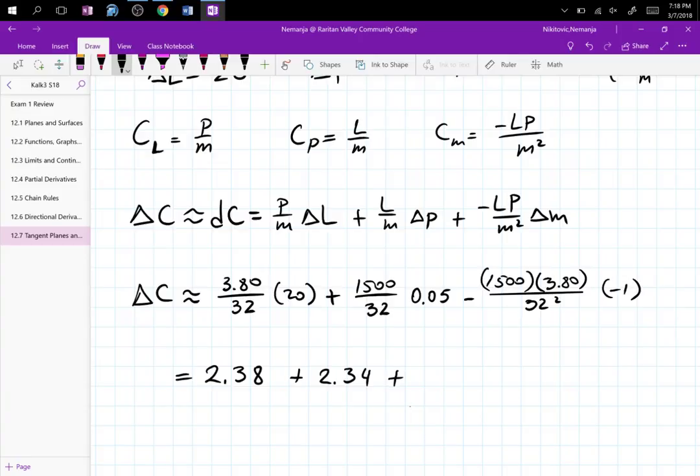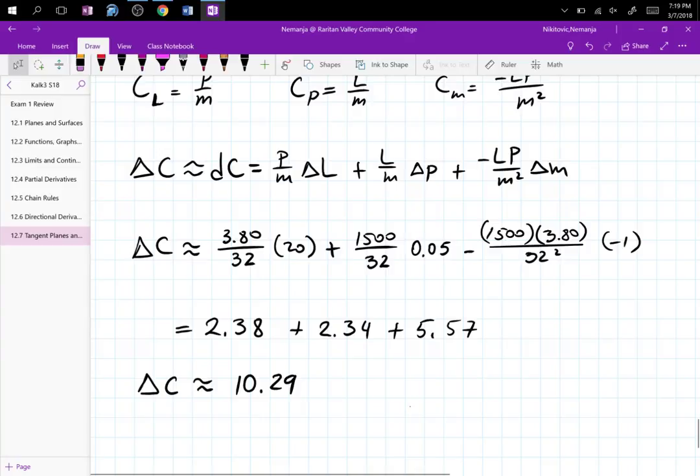And then we have plus, because of the negative 1 over there, 15 times 3.8 divided by 32 squared, which is 5.57. So the change in cost is approximately 2.38 plus 2.34 plus 5.57 to give us about $10.29 in the cost difference.